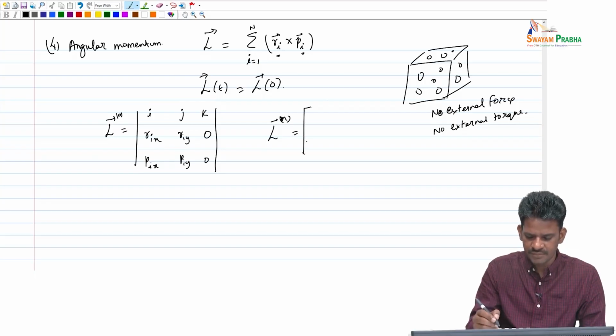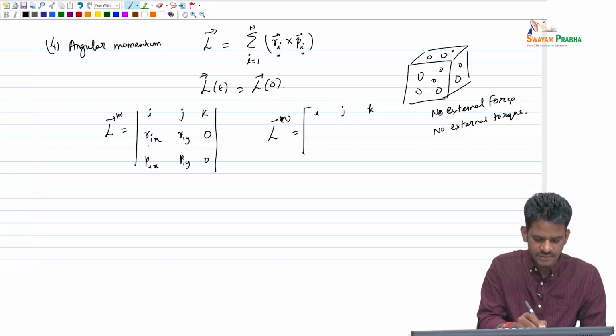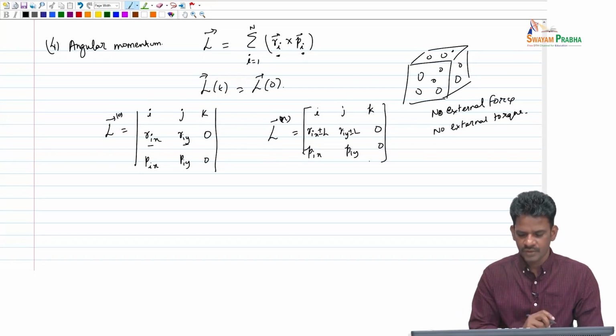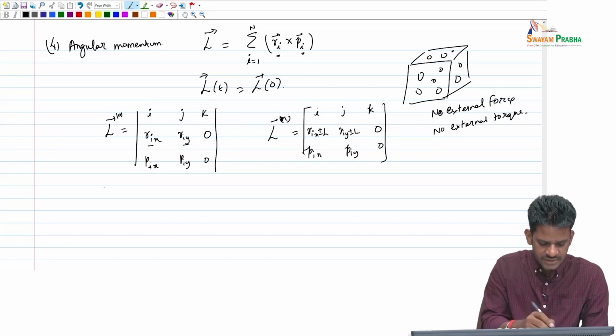The angular momentum at the new position will be i, j, k, and here the r_i, this one, should have been changed because of the periodic box. So you can think of r_ix as r_ix plus or minus L, and r_iy is also plus or minus L, and then p_ix remains the same because momentum is not touched.